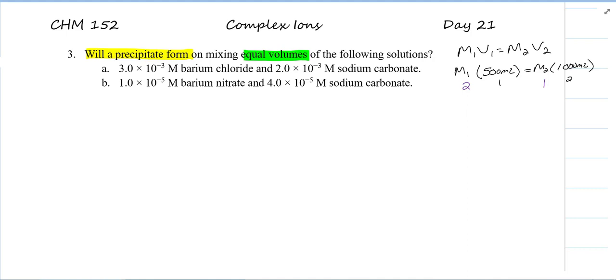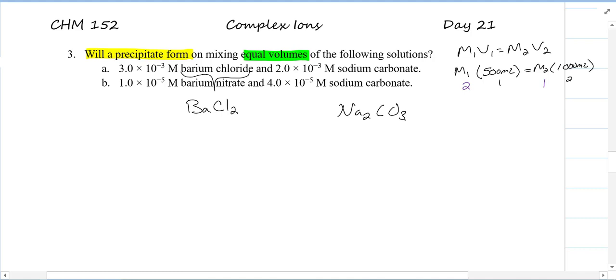Well, what are my species here? They would be barium chloride, BaCl2, and sodium carbonate, Na2CO3. Well, if they switch dance partners, what do we get? Barium chloride probably is soluble.